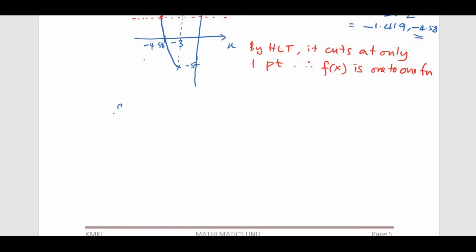So you are given f(x) is equal to 2(x plus 3) squared minus 5. So this is for x less than negative 3. To find the f inverse, you can use the property that f of f inverse of x should be equal to x.